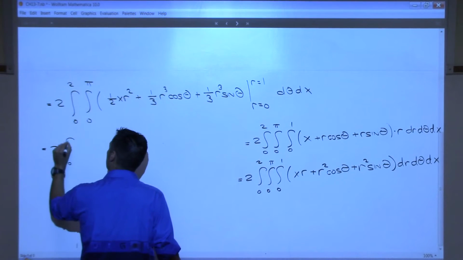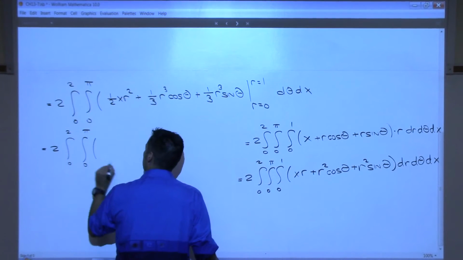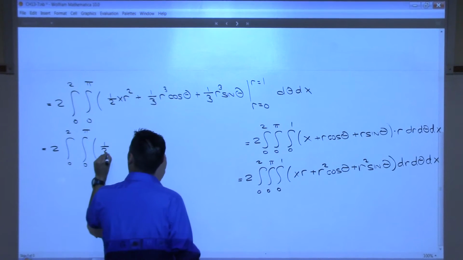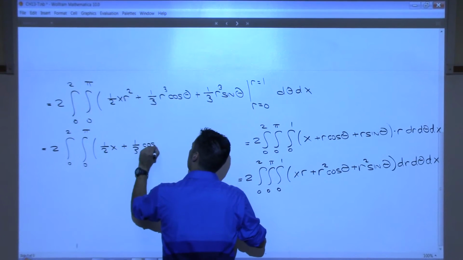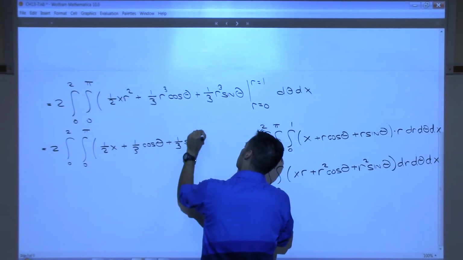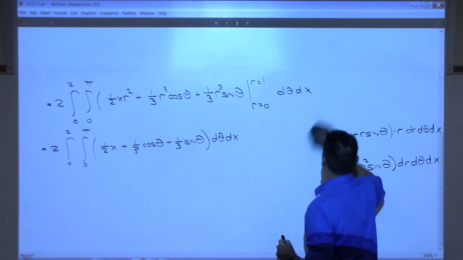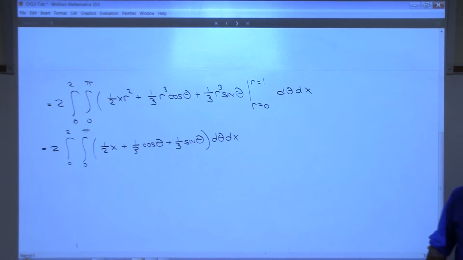So we should just be at this. 2 integral 0 to 2 integral 0 to pi. What do I get when I plug in 1? 1/2 x plus 1/3 cosine theta plus 1/3 sine theta d theta dx. Integrate with respect to theta now.